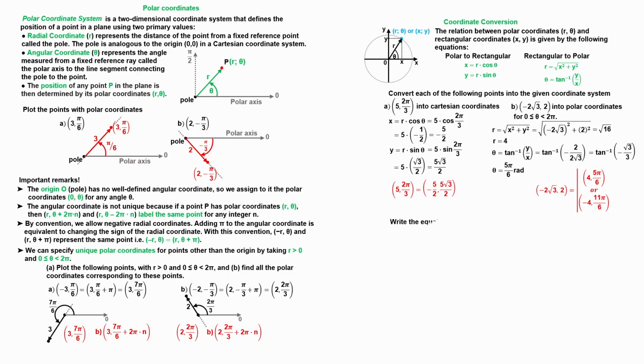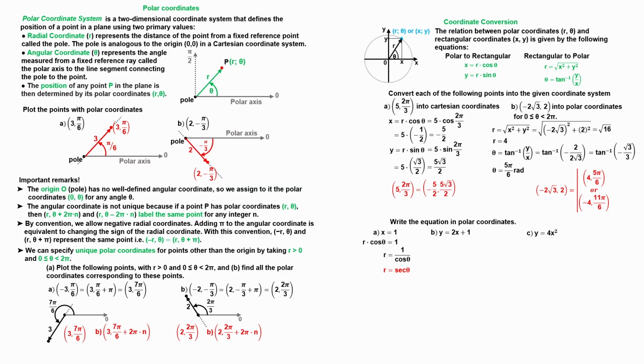Note that you can also use the equations above to convert a polar equation to a rectangular equation and vice versa. Let's see how this works. To solve part A, replace x with r times cosine of theta and divide both sides by cosine of theta, where the secant of theta is the inverse of the cosine of theta.